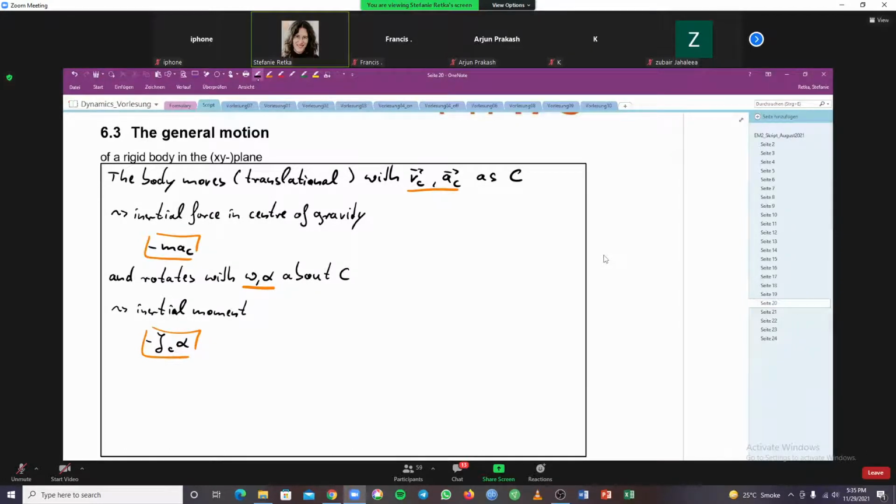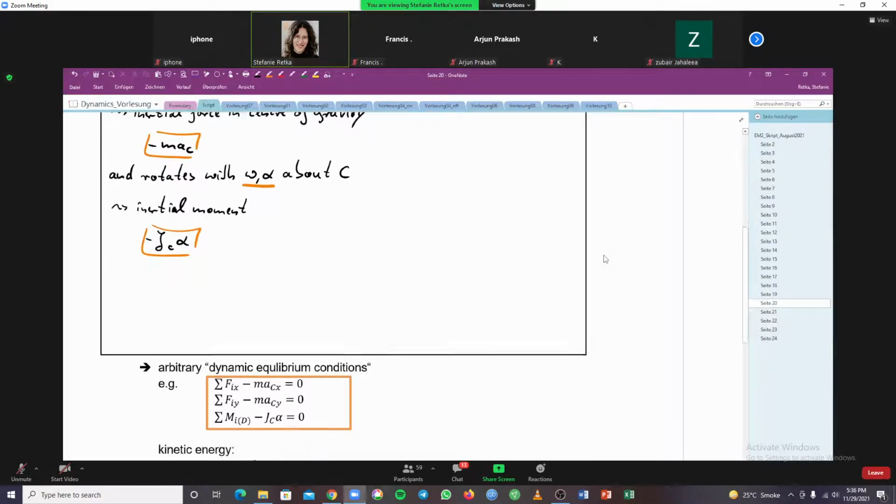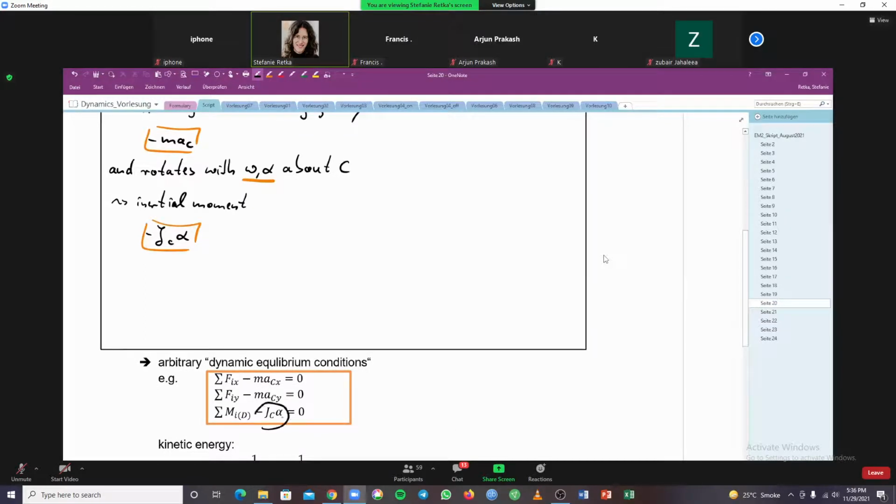But this is the general approach, which leads to our general dynamic equilibrium conditions, similar to the ones on the previous page. Our acceleration is a vector, so it might have a horizontal and a vertical component. And then there's only the inertial moment with respect to the center of gravity.